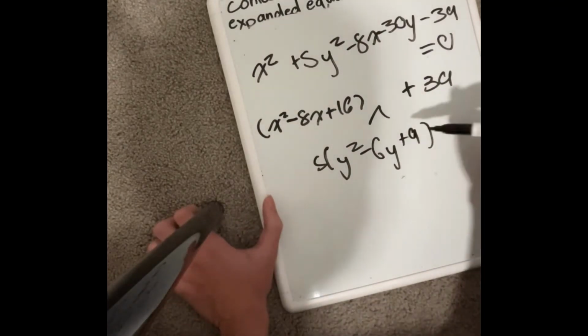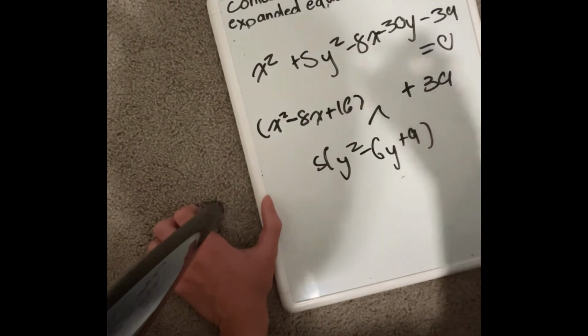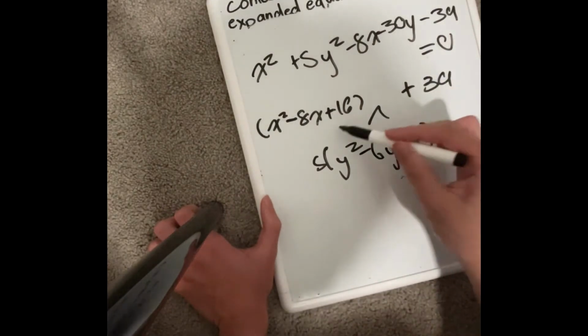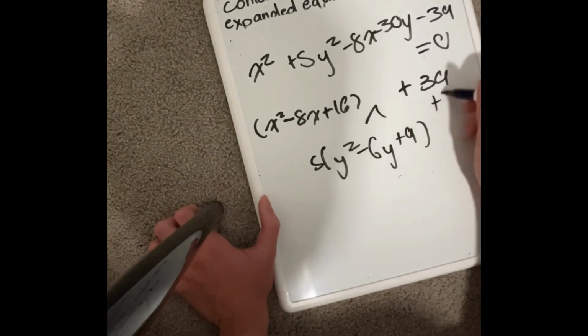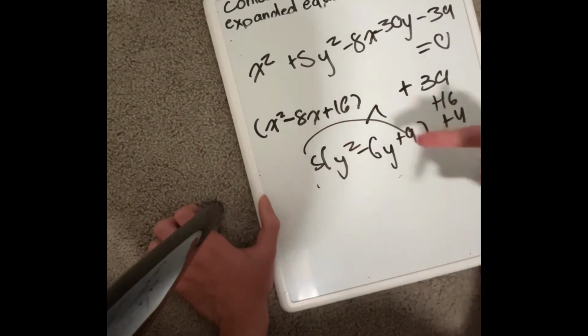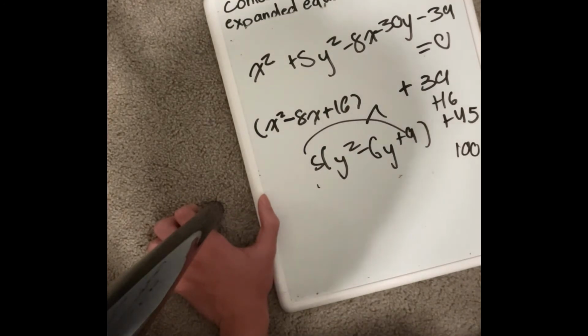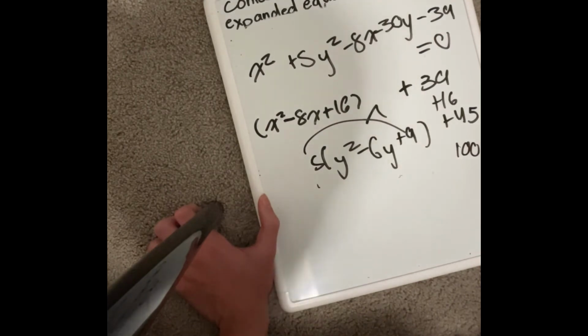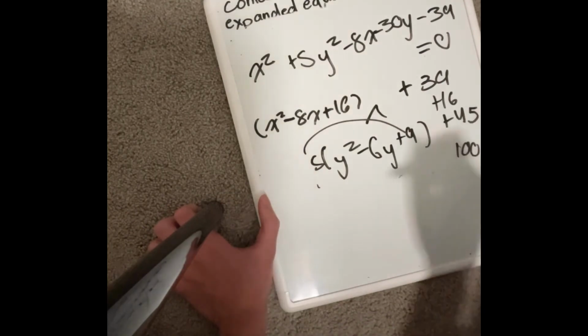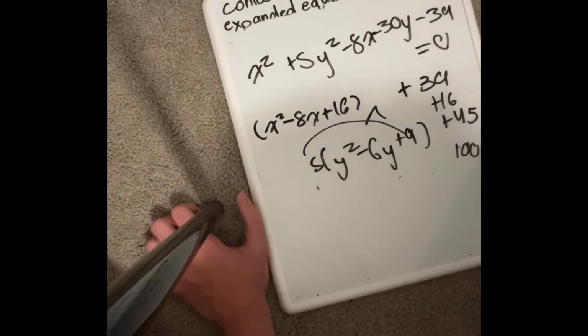And since I added this to the equation, I must do it on the other side. So plus 16 and plus 45, since we added 9 times 5, and that would be 100. Let me check.